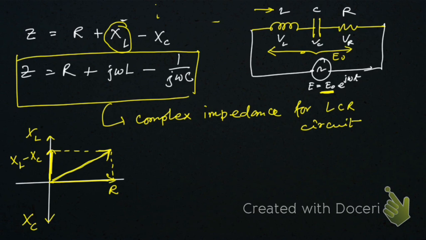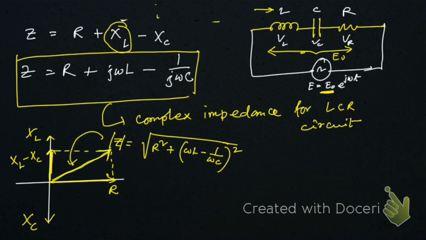And its magnitude will be root over R square plus omega L minus 1 by omega C, whole square. Here we are not going to write the complex term. So this is the mod of Z, that means the length of this vector. So hope you have understood this.